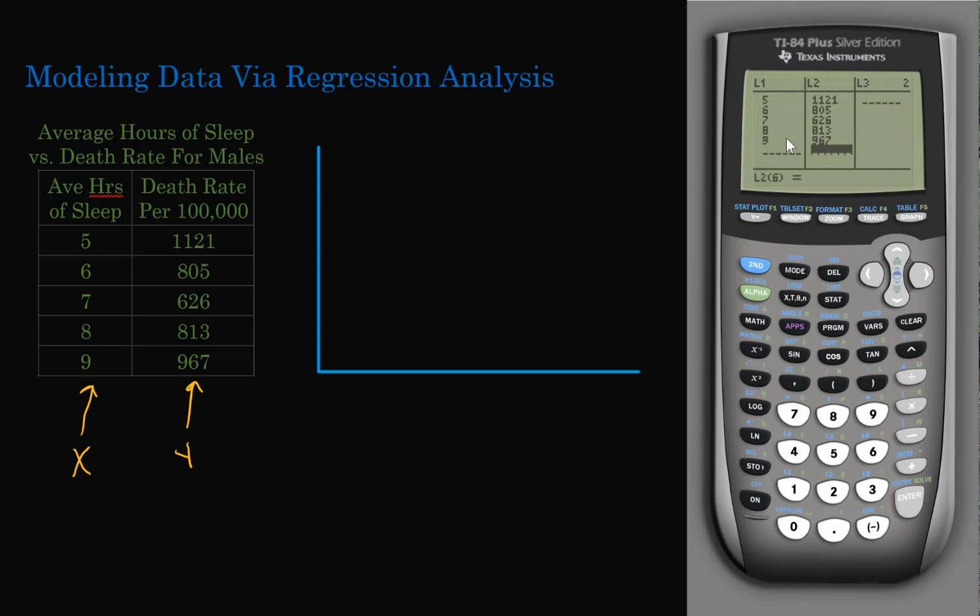Now, next thing I'm going to do is adjust the window to this particular set of data. Okay, so this data goes 5, 6, 7, 8, 9. I definitely do not need a maximum of 80.